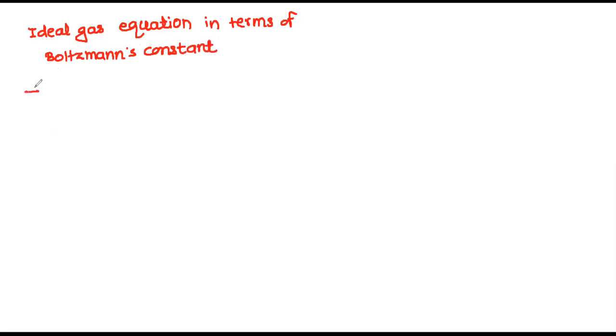Now, first of all, let me write the value of this Boltzmann constant kB, or you can denote it as k also. Its value is 1.38 into 10 to the power minus 23 meter square kilogram second power minus 2 Kelvin minus 1.